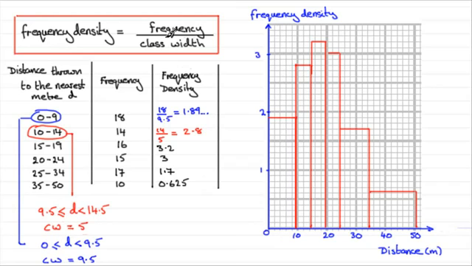So if we take the first bar, the frequency density, this measurement, times the class width gives you the frequency. When you multiply this side by this side, that's the area. So the area of any bar, let's shade this one in here for instance, gives the frequency, because we're doing frequency density times the class width.